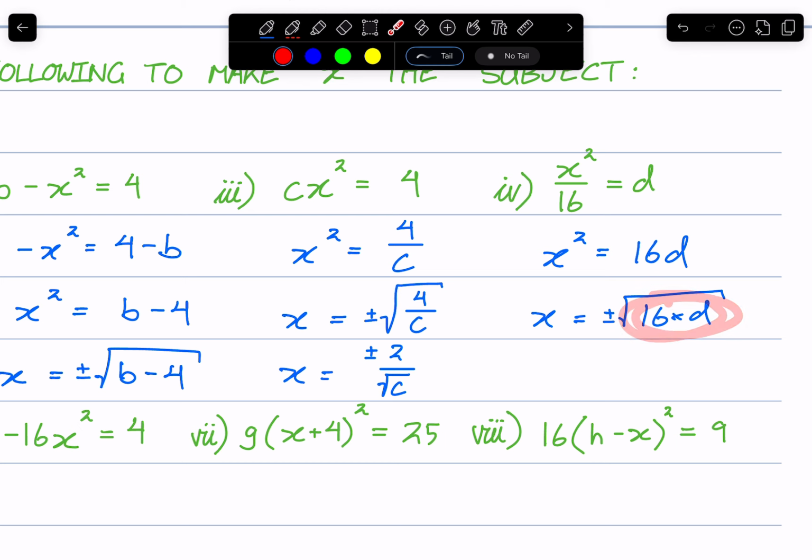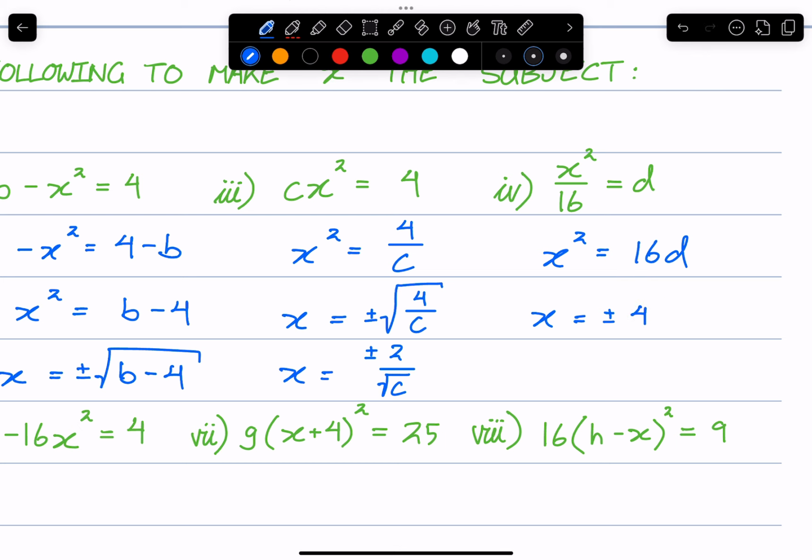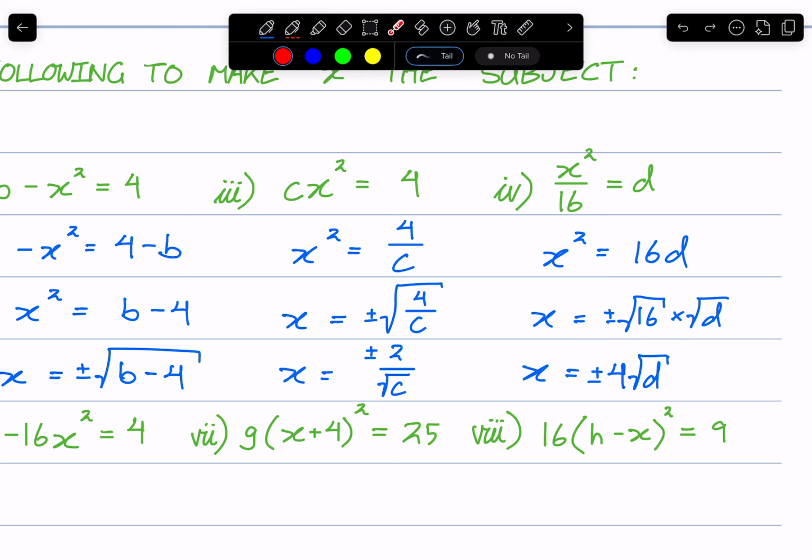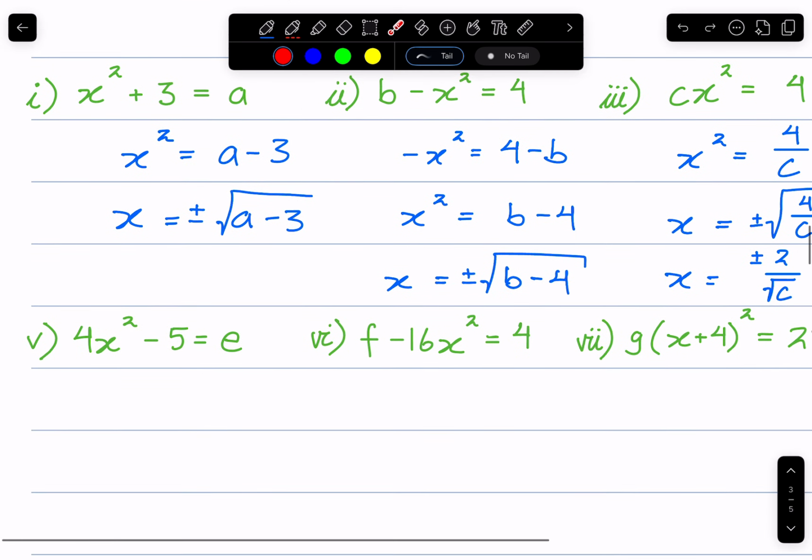Similarly here, this square root will split into square root 16 times square root d. And this simplifies into plus minus 4 square root d. And that is the final equation of this. So be mindful, square roots only split when there's a division or multiplication. And we'll see that in these following examples here.